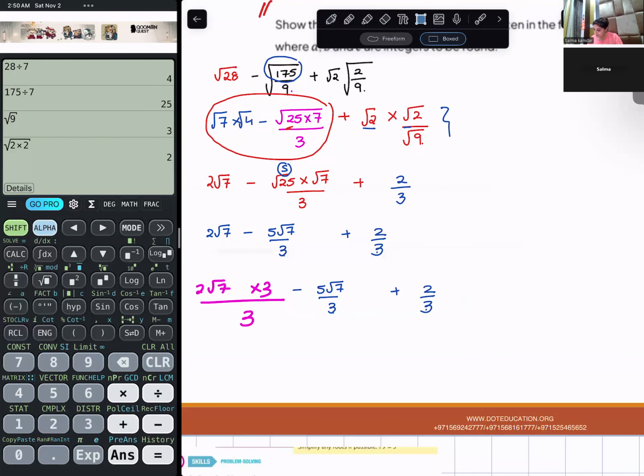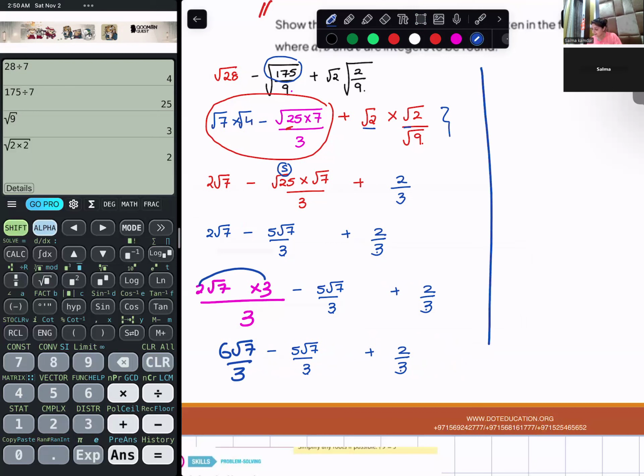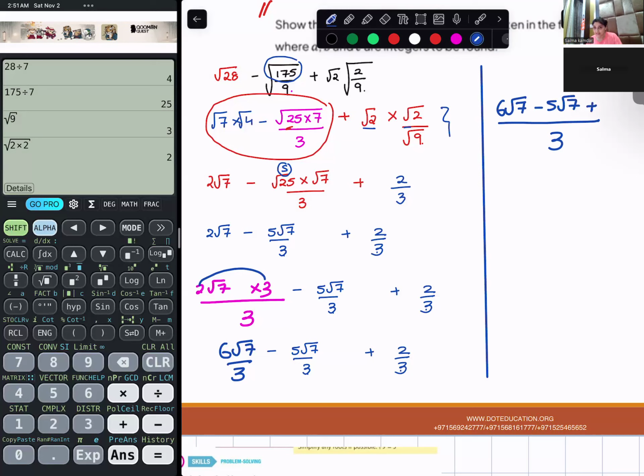So this becomes 2 into 3 makes it 6 root 7 over 3, and these terms I copy as it is, minus 5 root 7 plus 2. Now the denominator is the same, so I will write it upon 3. Numerator will be 6 root 7 minus 5 root 7 plus 2.